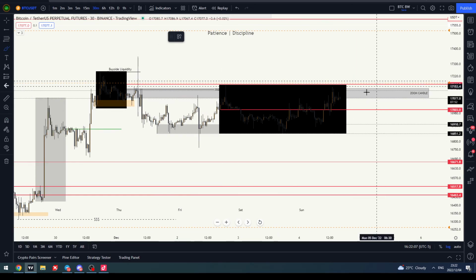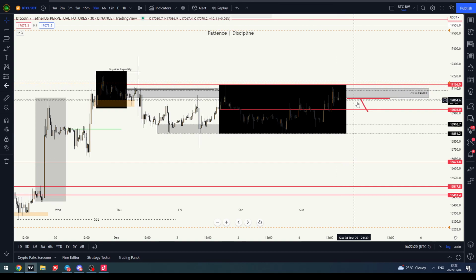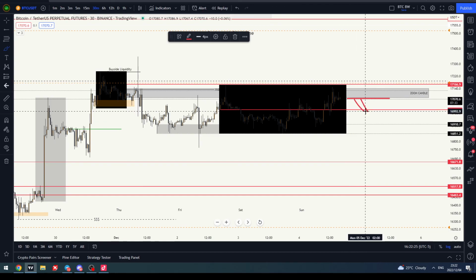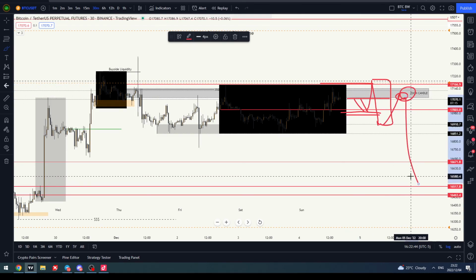If we open higher, somewhere around where we are right now, it's going to be drawn here, but it's going to remember this high and this high in here, right? So what do you think is going to happen then? Most likely, once it opens, we're going to be drawn here, and then we're going to do that. Once we do that, we're going to do that. And once we do that, we're going to create a dealing range here. We took buy side, we took sell side. That's the entry on the retracement that we're going to look for. Right? Make sense?